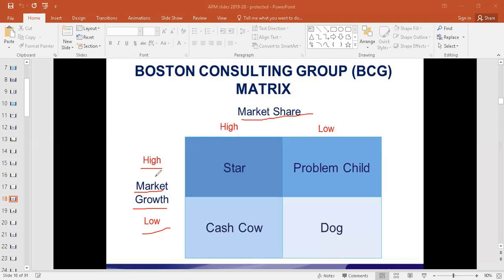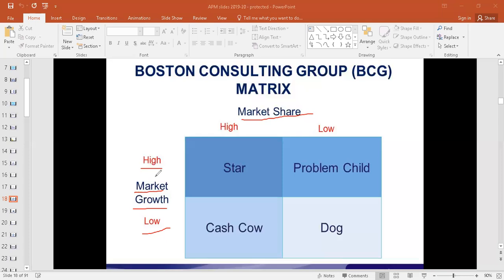Now, in combination, when the market share is high and the market growth is also high: market share talks about their present performance. As of now, they have achieved high market share, and there is also a possibility for them to grow in the future.